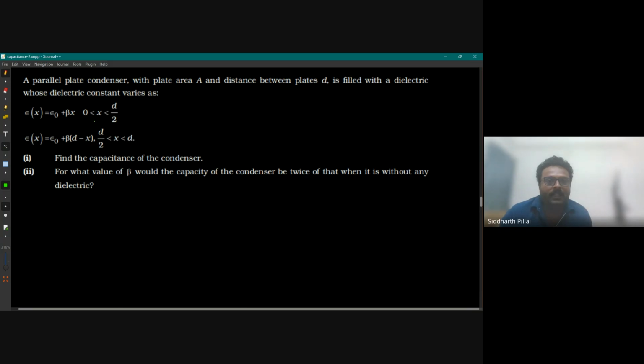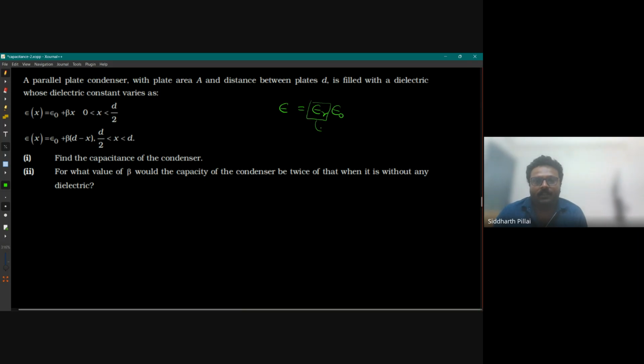So the permittivity, they say dielectric constant, but it's actually permittivity that varies. In general we write permittivity as the relative permittivity times the permittivity in vacuum, and this relative permittivity is also called the dielectric constant.